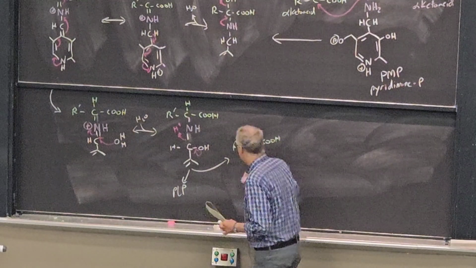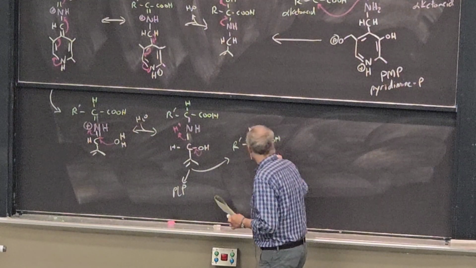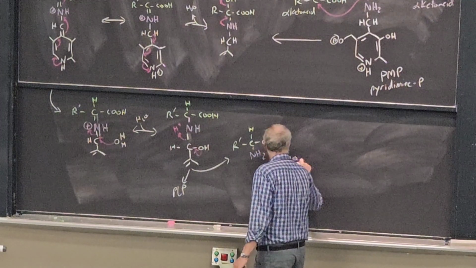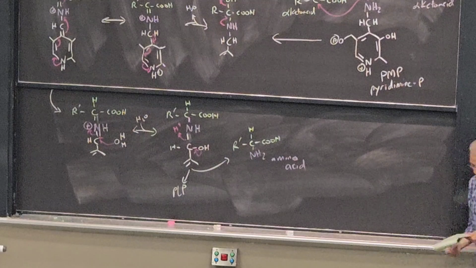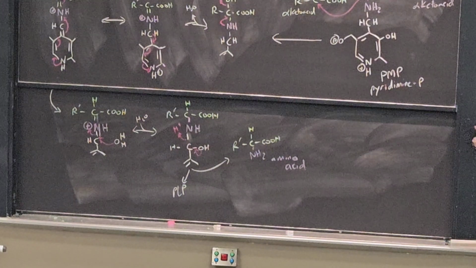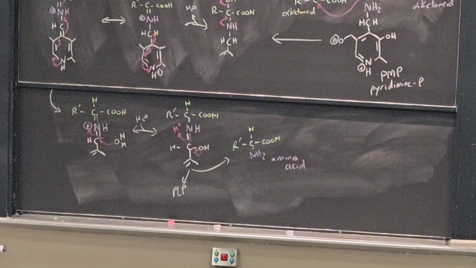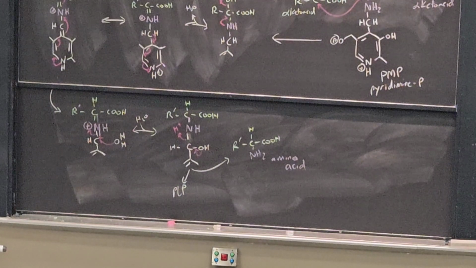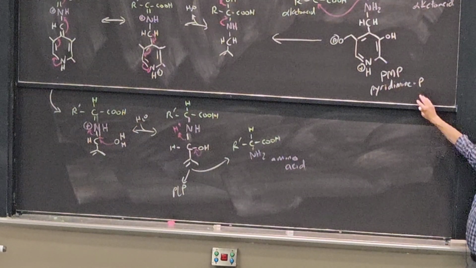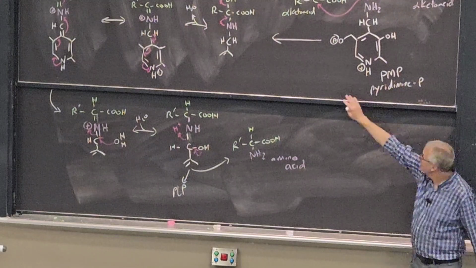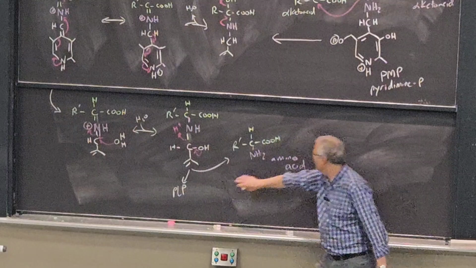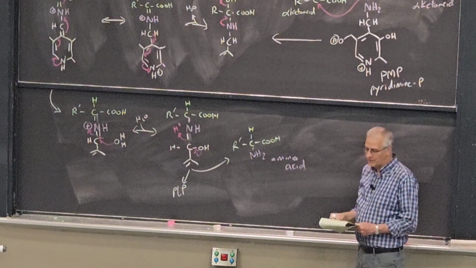And what we've done is we've generated a new amino acid. Okay, so effectively, in transamination, you're basically moving the nitrogen as well as 2 electrons onto PLP to make PMP, and then you're just taking the PMP, taking that nitrogen and 2 electrons, putting it onto the next alpha keto acid, regenerating PLP and a new amino acid.